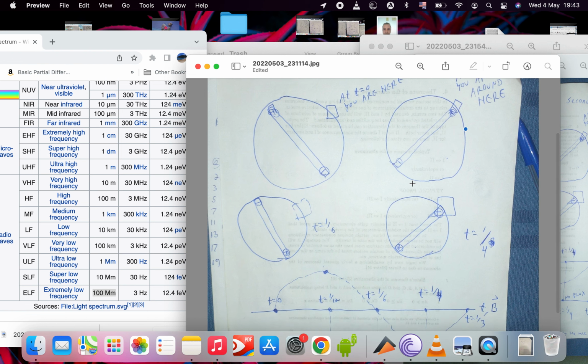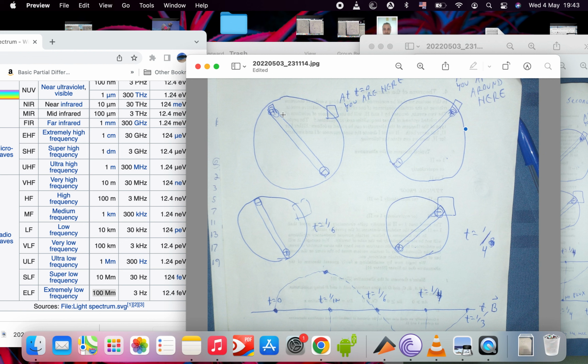Well, for one thing, the reason why I'm saying this is that at this point, the magnetic flux is very big. You see, at this point, the magnetic flux is the change in field lines.